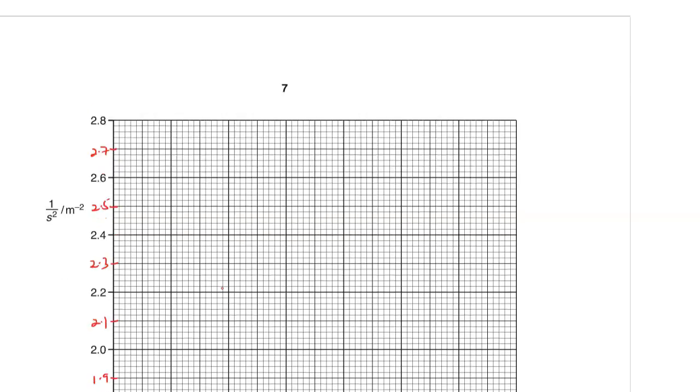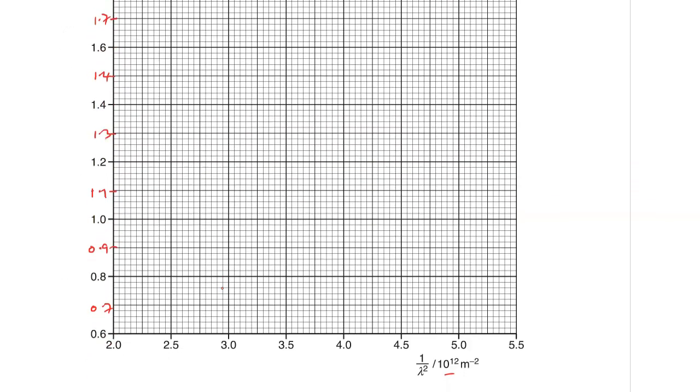Very well. So here we are. We plot our graph. The vast values is 5.4. This is 5.5, 5.0 and 5.5 is there. So each one of these is 2.